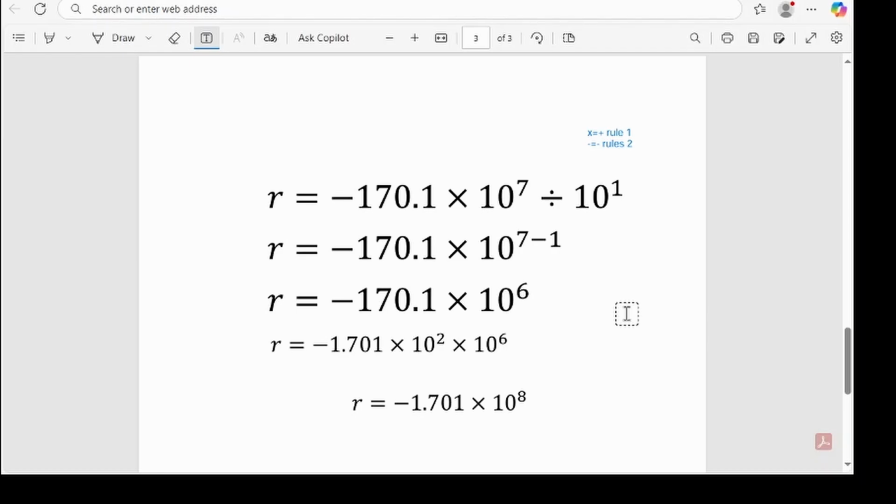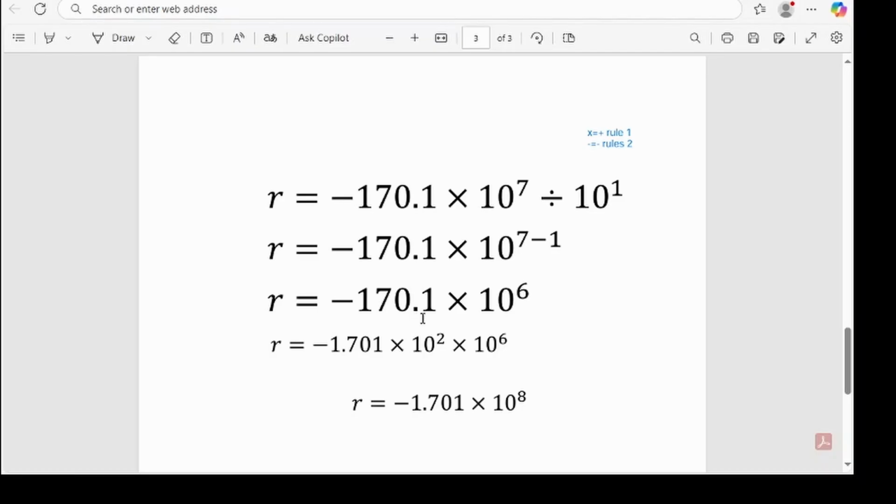Whenever you meet a decimal point in standard form and you move it to the left, it's going to add on. It becomes an additional value. Whenever you move it to the right side, it becomes a negative value, or it's going to lose some exponent or power. So let's come here.